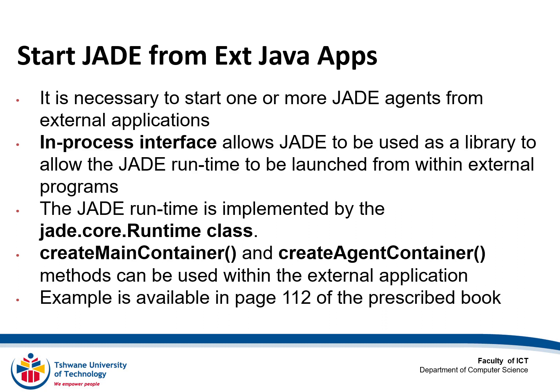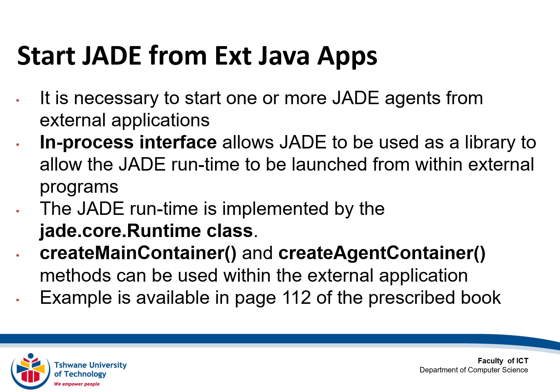You can use createMainContainer or createAgentContainer. Remember, the main container is a must to have, because that's the basic one that houses agents. But agents can also be added to a normal container, though you cannot have a normal container without having a main container. So it's important to note those two.